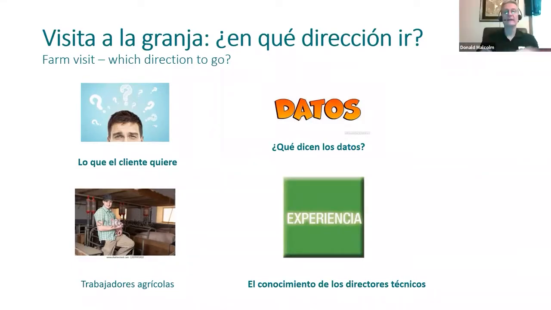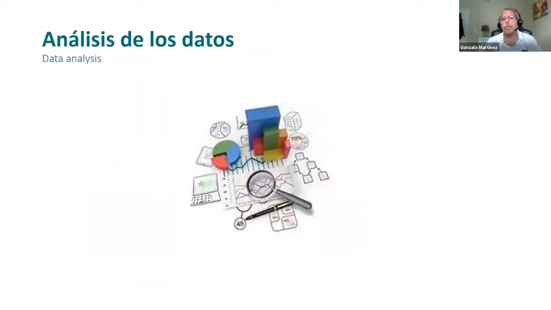And then finally, the technical service person's own experience is very important: what he or she knows about the farm, what they know technically, and what their own experiences are when looking at the particular operation.